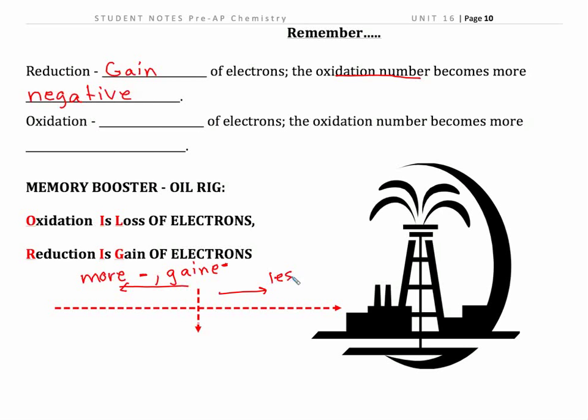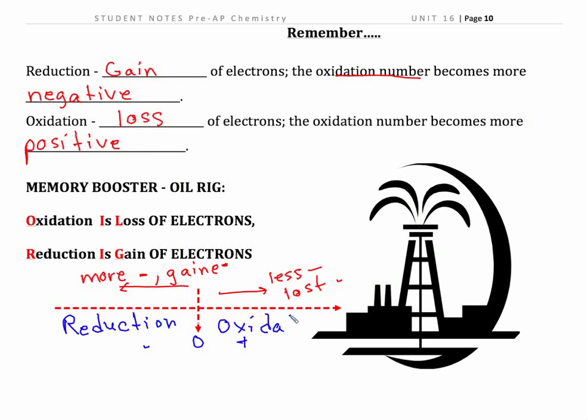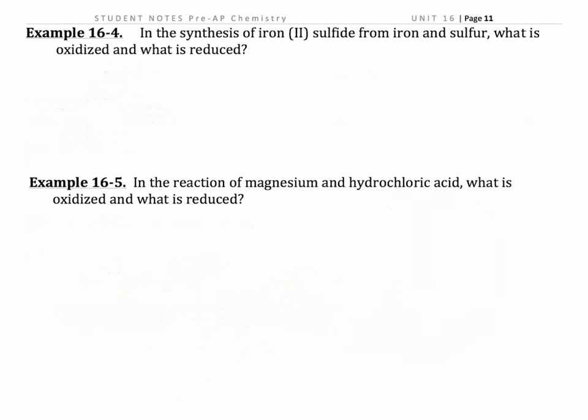And if it becomes less negative, it's because it lost those negative electrons. So oxidation is the loss of electrons, and the oxidation number becomes more positive. Back to our number line, if this is 0, with positive and negative, this would be reduction and this would be oxidation. I found a fun picture of an oil rig because in Texas we use that little mnemonic device: oxidation is loss, reduction is gain, or OIL RIG, for remembering that.